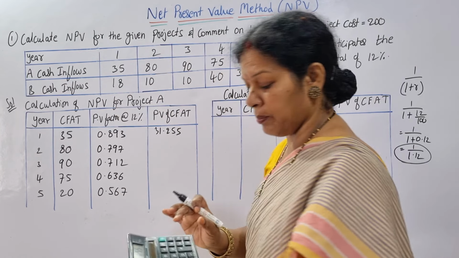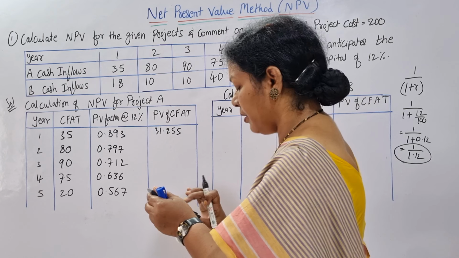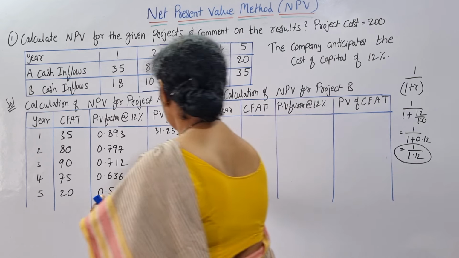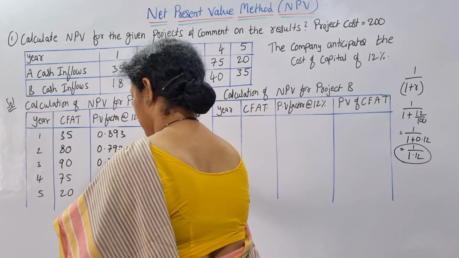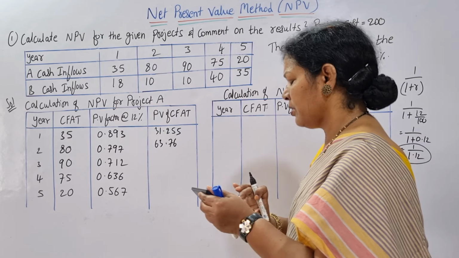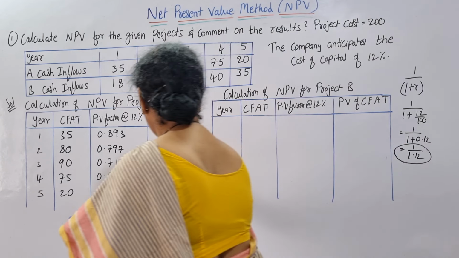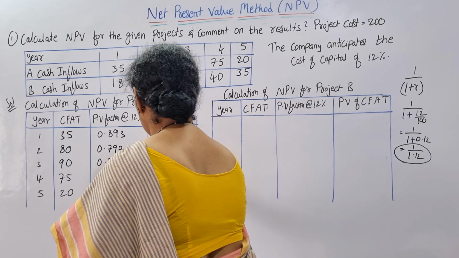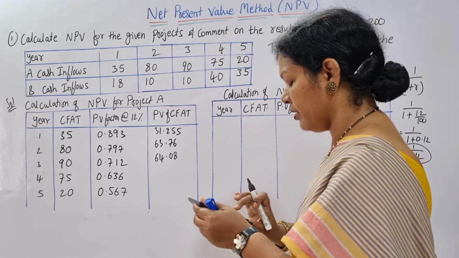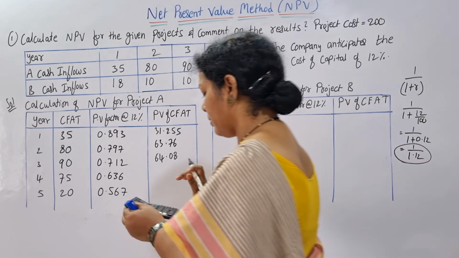In the same way, 80 into 0.797 is 63.76. Next, 90 into 0.712 is 64.08. Next, 75 multiplied with 0.636 is 47.7.